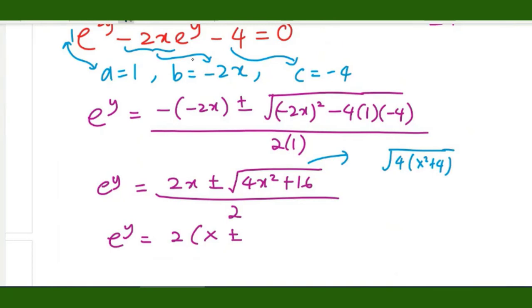So these are equivalent to square root of 4, which is 2, times the root of x squared plus 4. So we shall have the 2 here. That particular 2 also can be taken out.